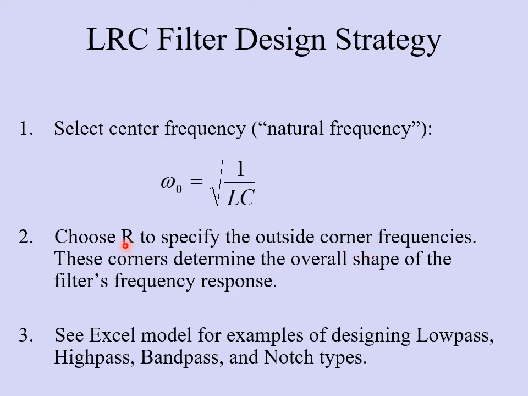Again, this will depend on whether you're going to use that Chebyshev design or the Butterworth design that we talked about earlier. And then use the Excel model. You'll have to do some work first to figure out your frequency response, but enter that into the Excel model, and then use that model to help you design and make sure your filter is working as needed before you actually try to build it.